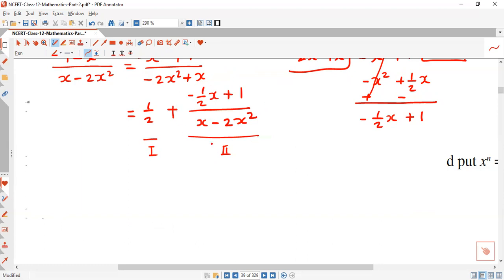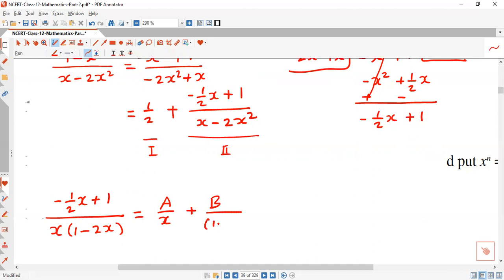We do the partial fraction of that part first. This is minus half x plus 1 divided by x, you can take common, 1 minus 2x. Okay, we are doing the partial fraction of this second part. Now this is a proper rational function because the degree of the numerator is less than the degree of the denominator. So it will be equal to a upon x plus b upon 1 minus 2x.